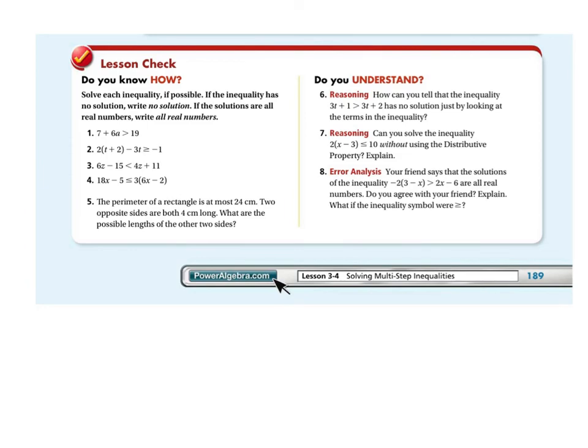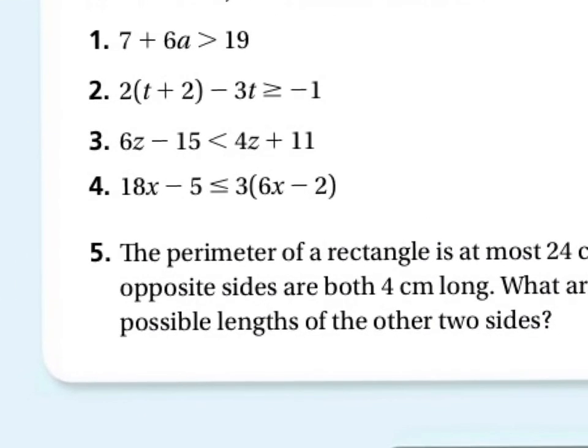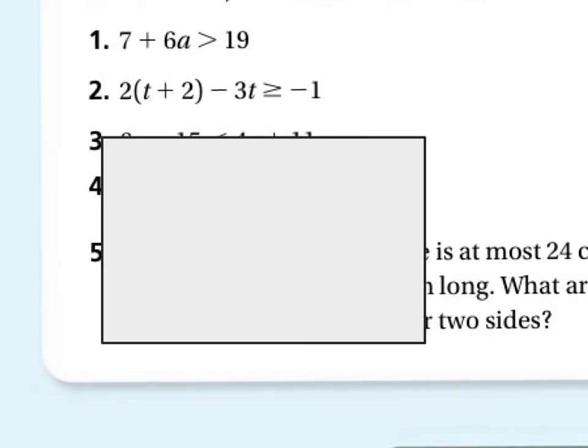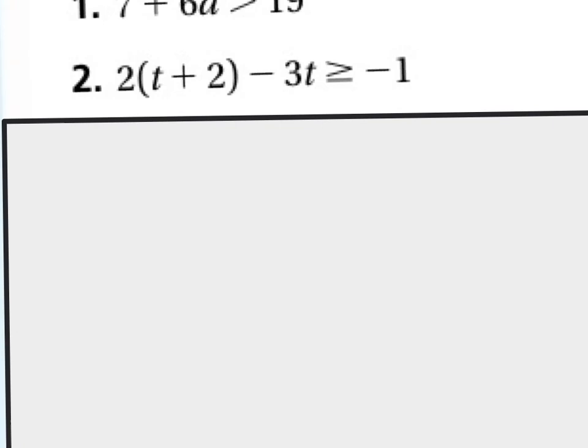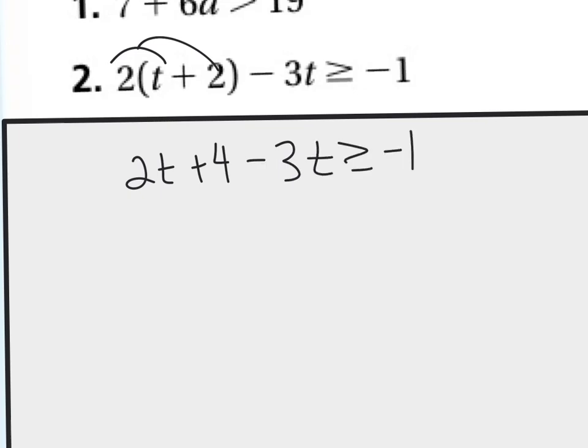We'll look at a couple problems on the lesson check, starting with number 2. So number 2 with the parentheses there, we would want to go ahead and distribute first. So 2t plus 4, and then bring everything else down. Here, if you want to add the opposite, you can.